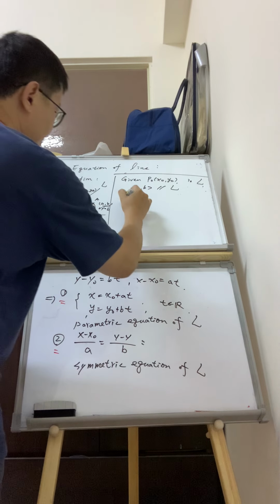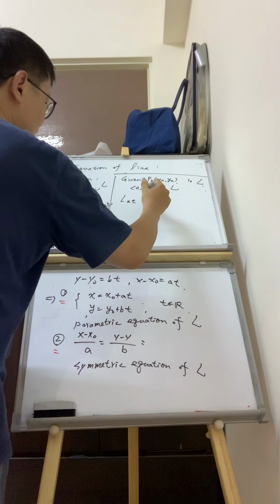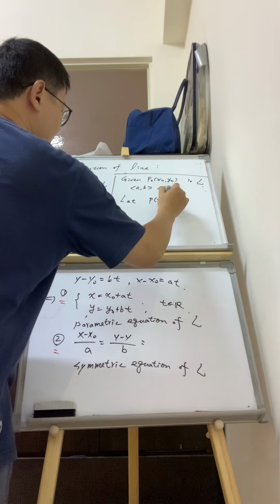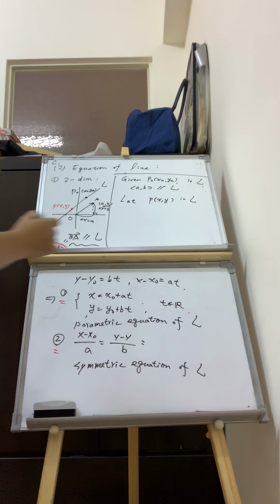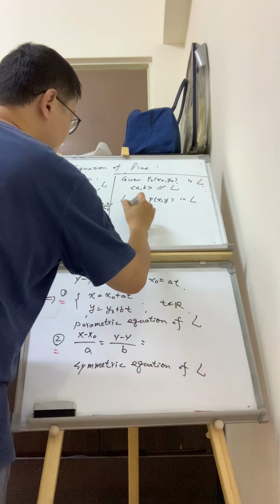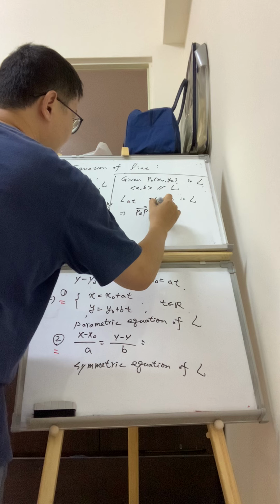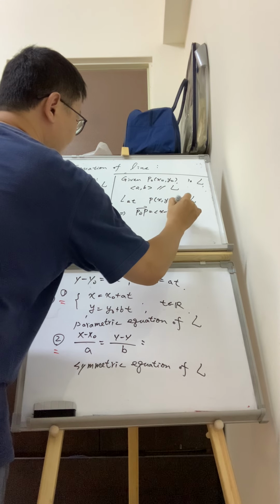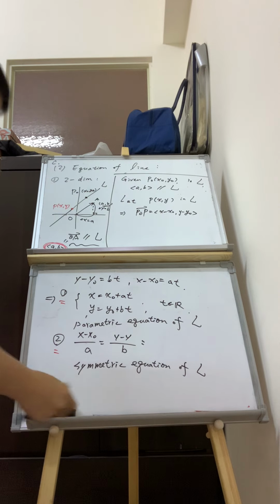We let P = (x, y) be in L. Now consider P0P, which is the vector (x - x0, y - y0), the point P subtract the point P0.